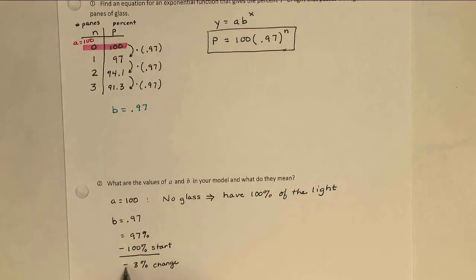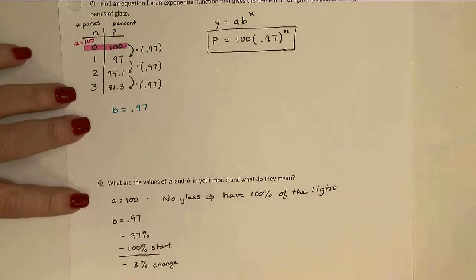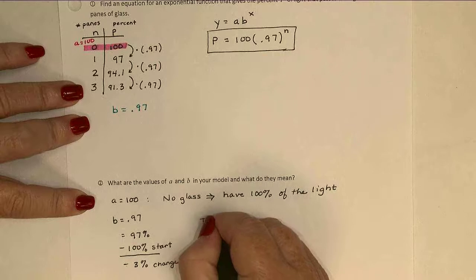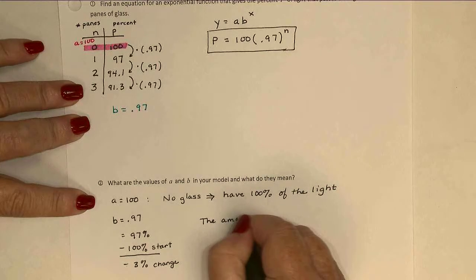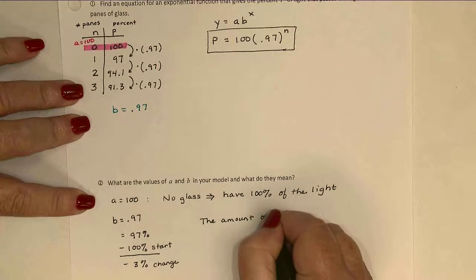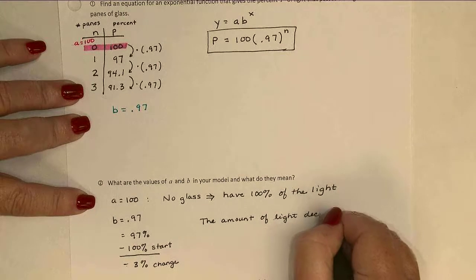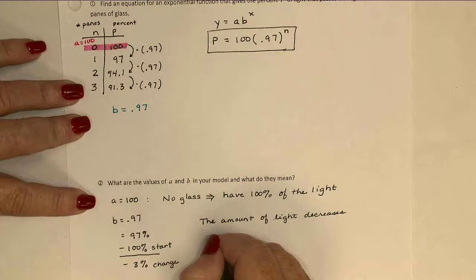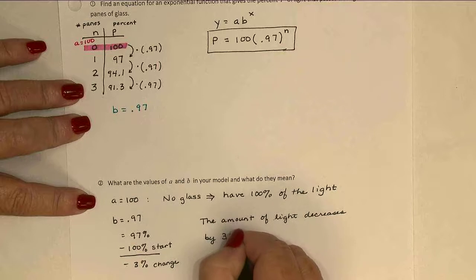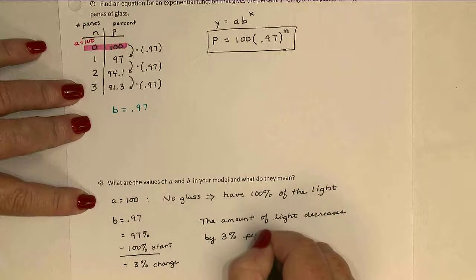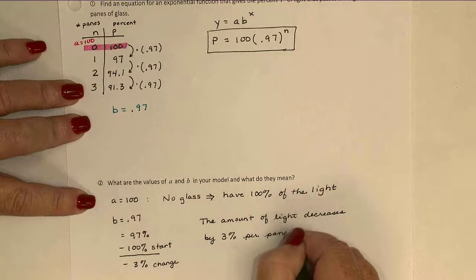The amount of light is decreasing by 3% for each pane of glass. Again, that was pretty much stated in the problem, but that's how we would find it based on the B in the problem. So the amount of light decreases by 3% per pane of glass.